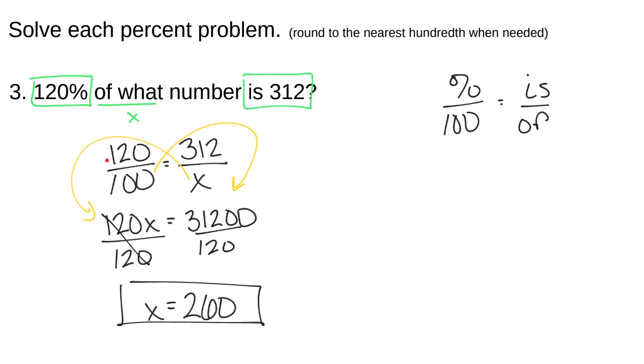Since we're over 100%, it means that the part is going to be bigger than the whole. One whole would be 100%. 120% means we're more than 100%. So it does make sense that our whole here is actually a smaller number than our part.